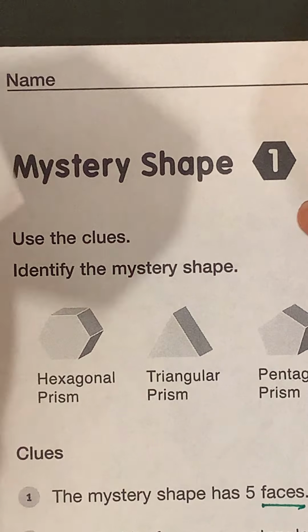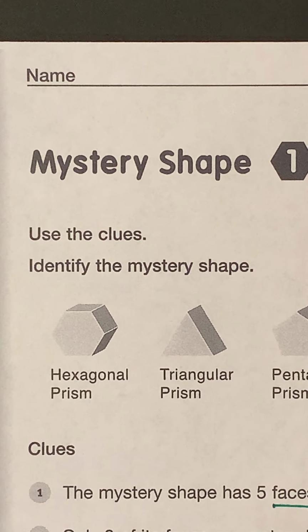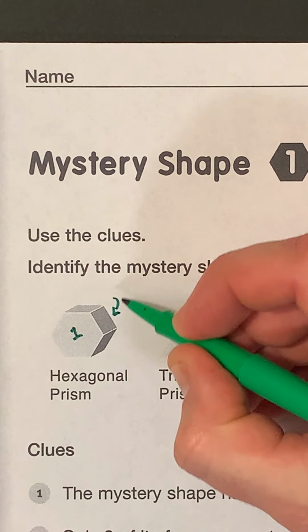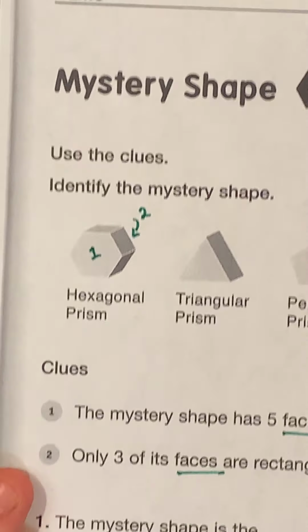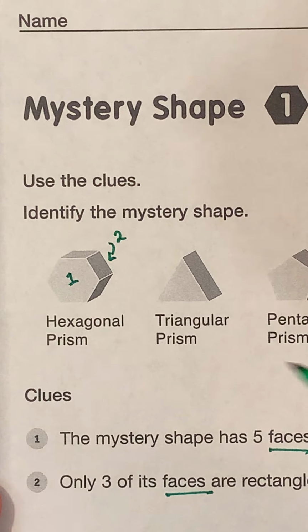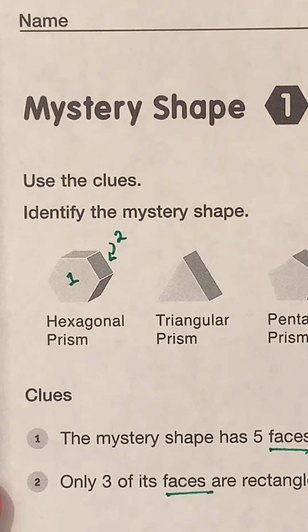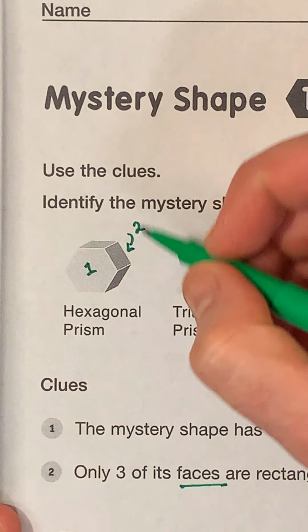So it is going to be a little bit more challenging to visualize what's on the back side of these shapes. And so for here, I like to write right on it. There's a face here, and then I know the back side's going to have a face as well. So right away, I know that there's at least 2 faces, and it's a hexagonal, so it's a hexagon, which means that it would have 6 sides.